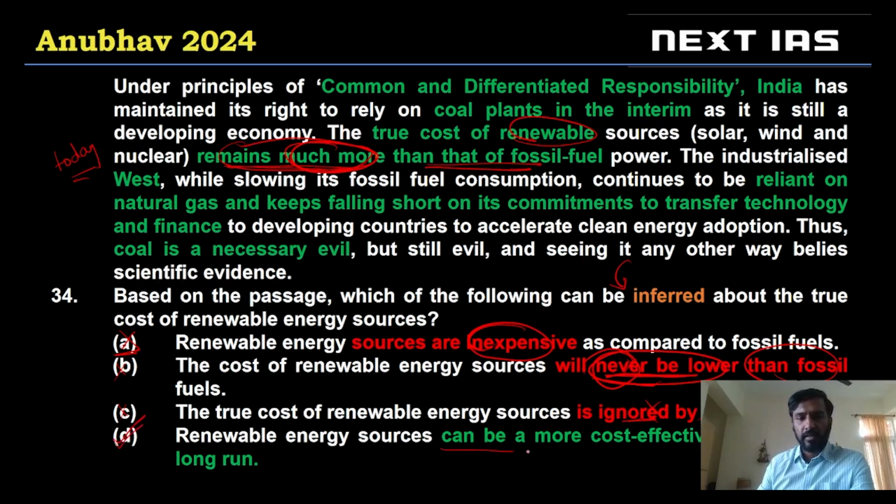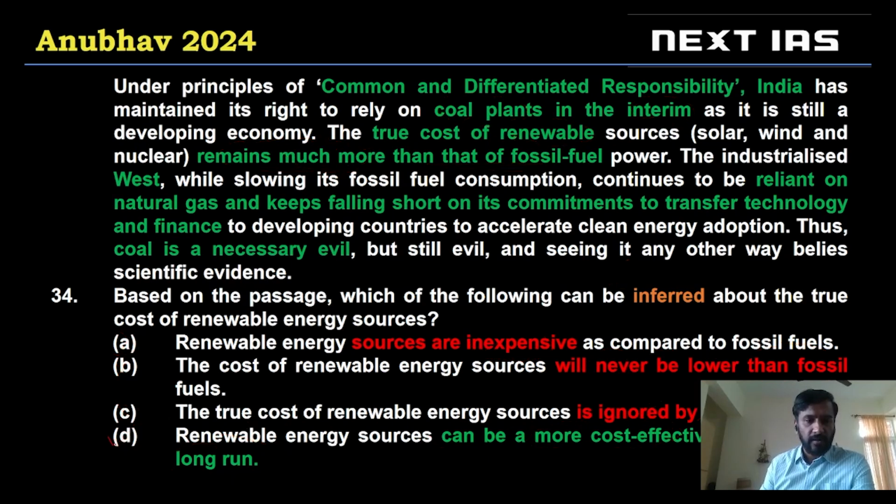Renewable energy sources can be more cost effective in the long run. They can be more cost effective. That is why the passage is recommending that we should all shift towards them. We are using coal plants in the interim, meaning for a temporary period, for a short duration. So we are saying that in the long run, renewable energy sources will be cost effective.